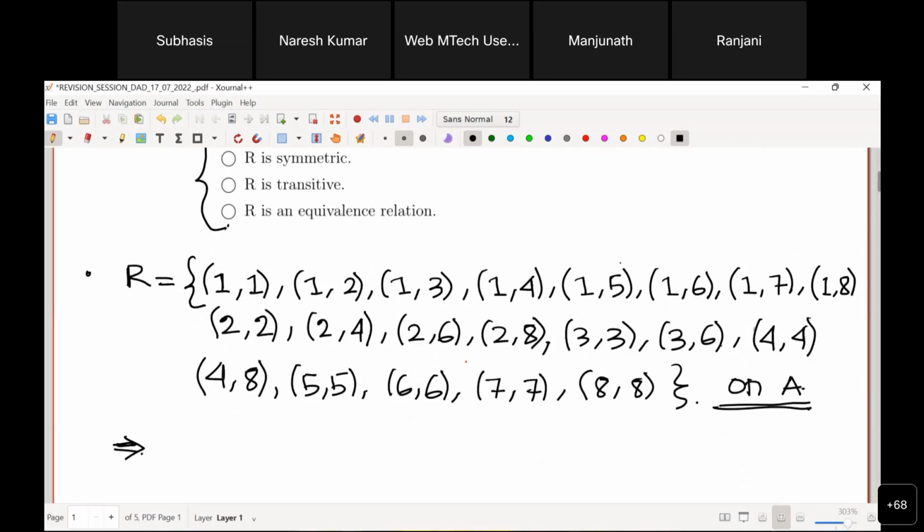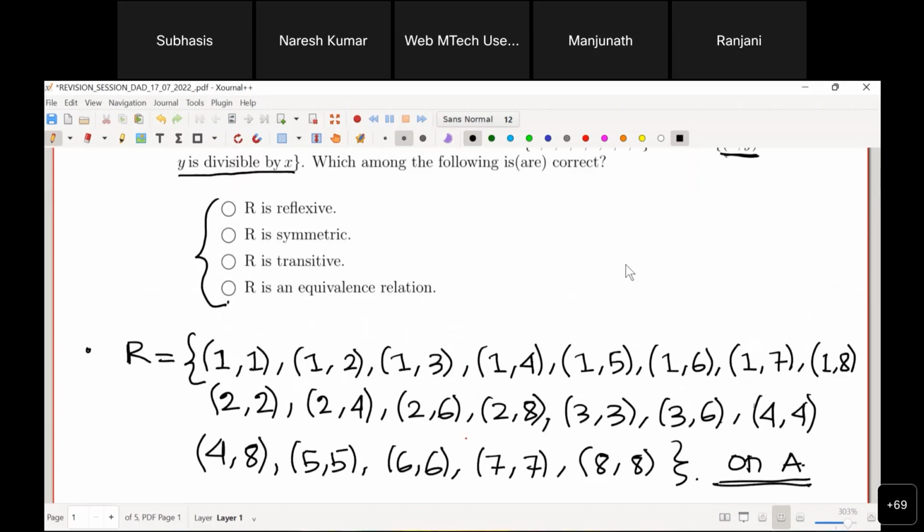For reflexive, what do you need to check? You need to check that for all a in A, the pair a comma a is in R. If that holds, then I can say that my relation is reflexive.